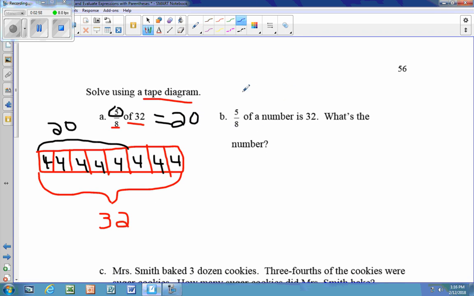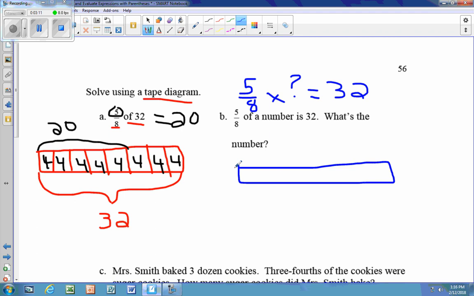This time it says 5/8, not of 32, but of some number that we do not know. 32 is the part. It asks for the tape diagram, so once again, we're going to split it up into 8 pieces, and 1, 2, 3, 4, 5 pieces. 5/8 of whatever the whole thing is, there is going to be 32.